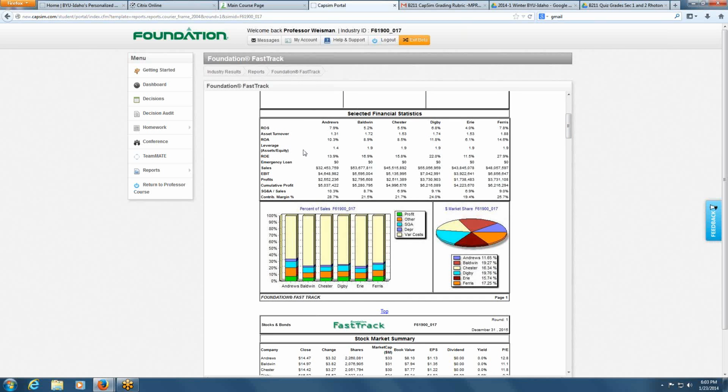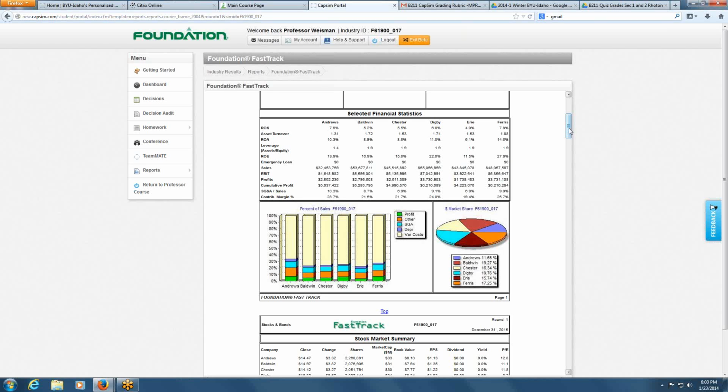So Andrews. We're looking at Andrews because everybody's Andrews. And we're just going to go over 1 student's, and then we'll try to go through another student's as well, without saying who it is. So let me just remind students, Andrews is your individual team, and then you're playing against 5 other computer teams: Baldwin, Chester, Digby, Erie, Ferris. Yeah. Right.